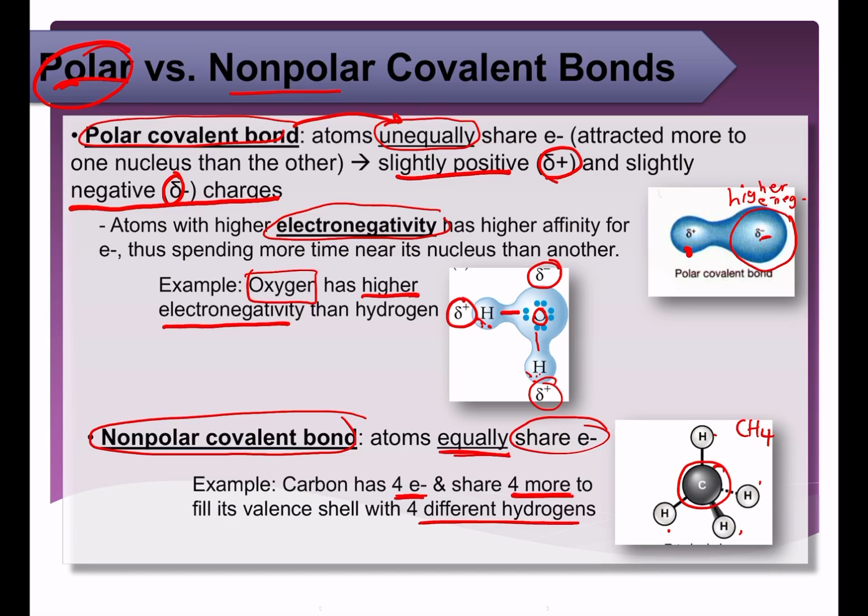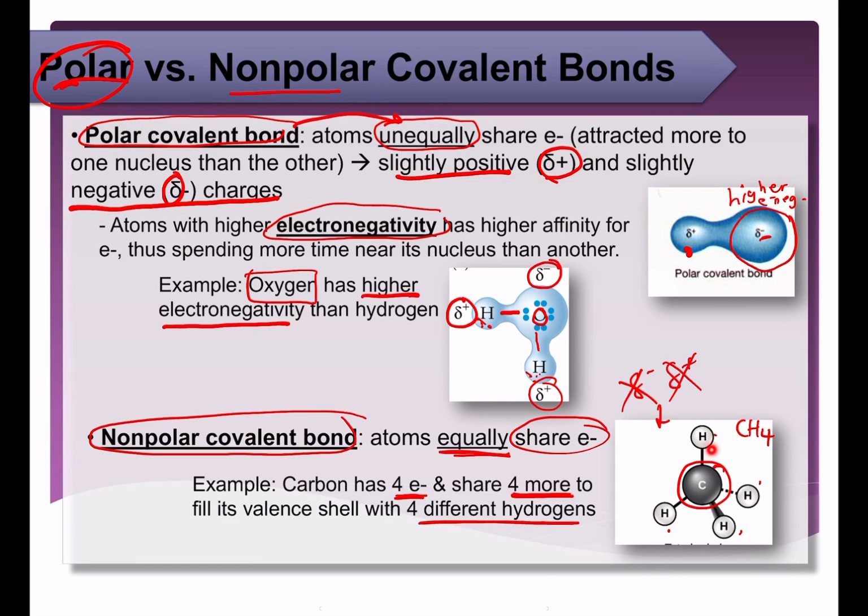There is no partial negative or partial positive charge in the case of methane, because the electrons are equally shared amongst the 4 hydrogens and the carbon. There's no point in time where there are more electrons hanging around the carbon than the hydrogen.